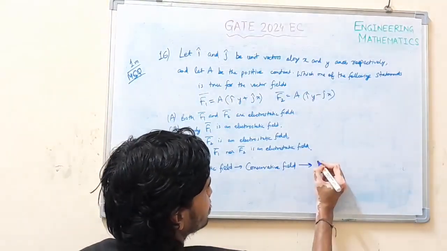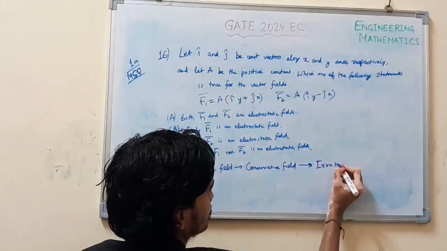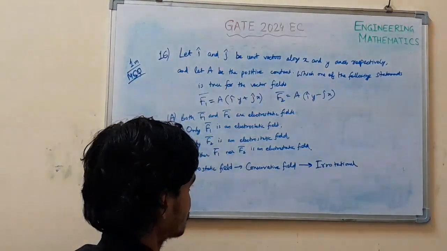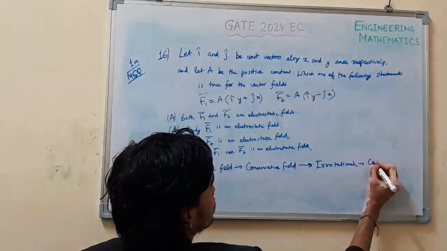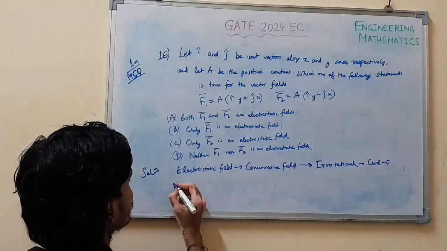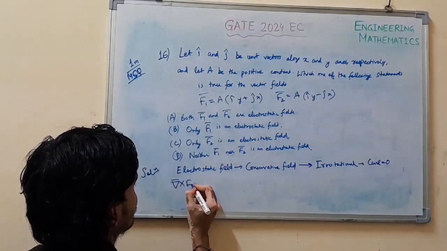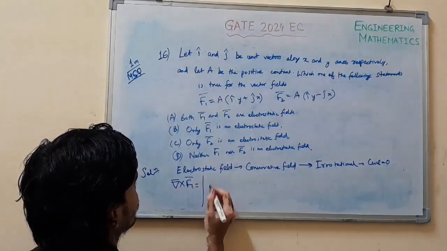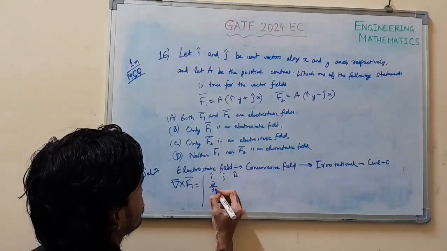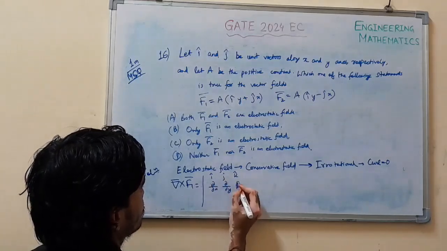If a field is conservative, you know, it is irrotational. Irrotational means curl is 0. So we need to find the curl of both the vectors. Let's first find the curl of vector f1. How is curl determined? i j k, del x, del y, del z.